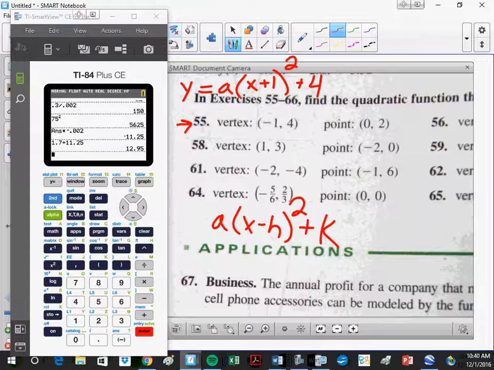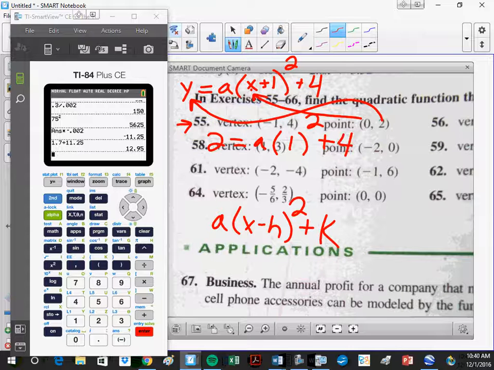So now we just plug in the x and the y that we know and solve for A, which ends up not being tough at all. So I plug 2 in here. 2 equals A times plug 0 in here. 0 plus 1 is 1 squared plus 4.